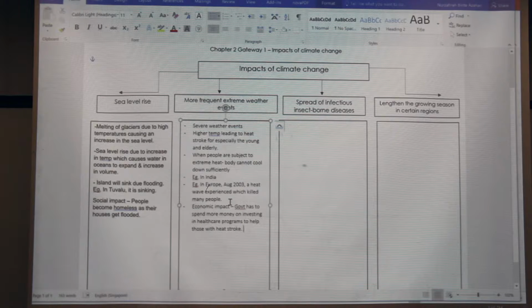Is it healthcare facilities? Not really healthcare facilities. Remember I showed you a video where in Europe they had water pipes like water sprinklers at the restaurants. These sprinklers give out water at certain times of the day to reduce heat stroke. So you can say healthcare programs, or they can invest in healthcare infrastructure.